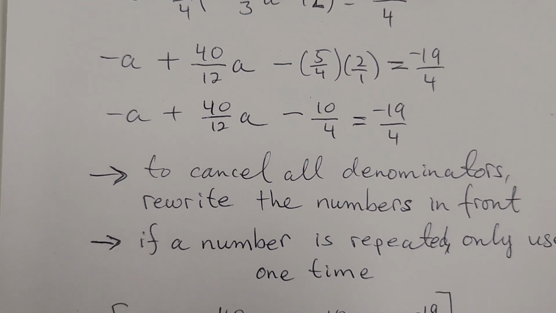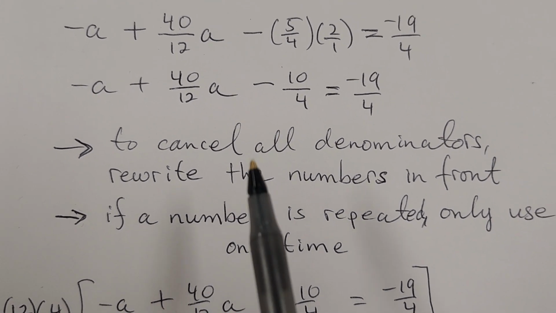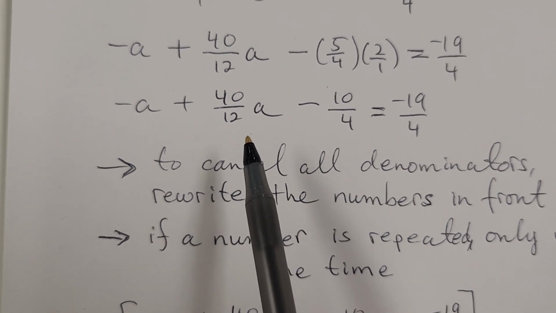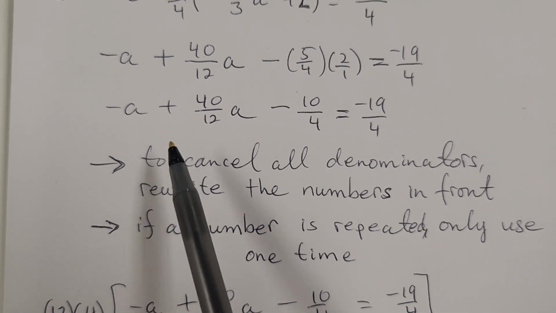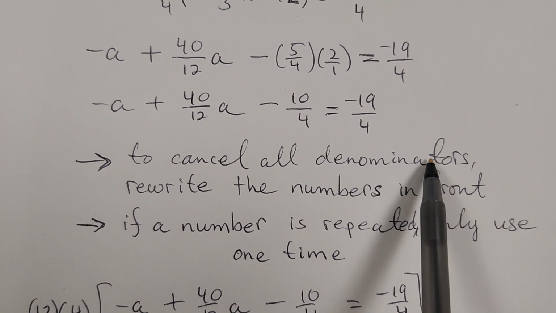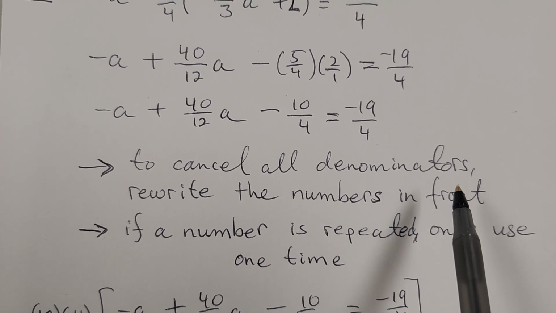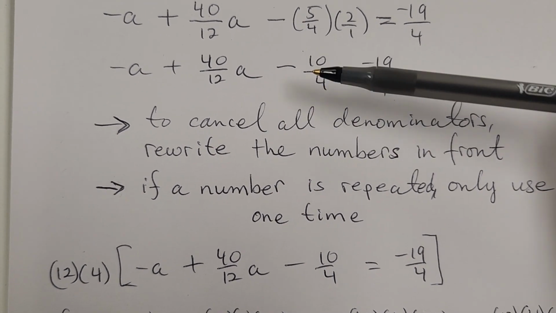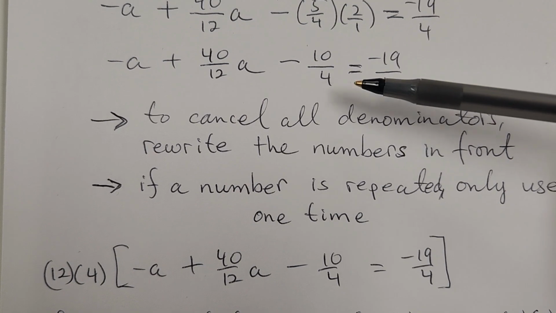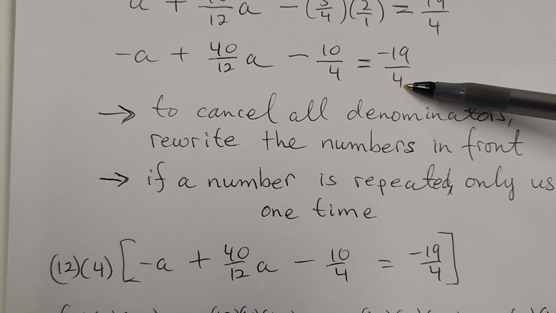Okay. Next, I want to cancel. Same example as before. I want to get rid of these denominators. So same rule to cancel all denominators: rewrite the number in front. However, if you look at this very carefully, this is 12, this is 4, this is 4.